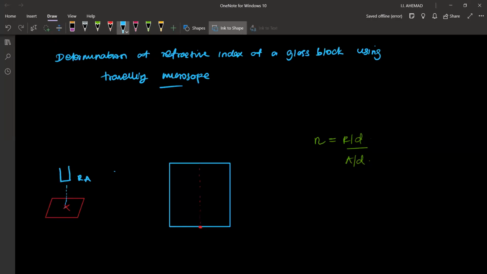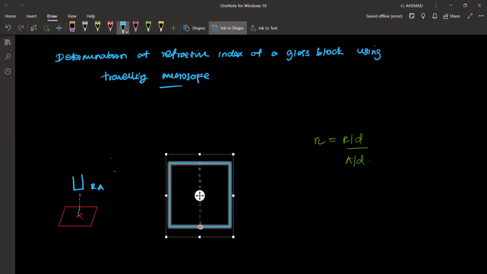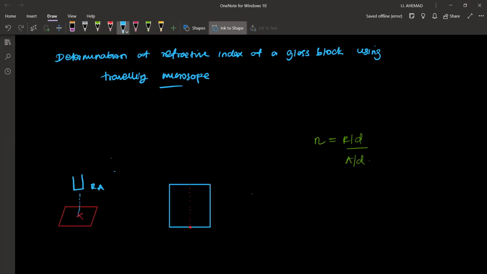That is RA. Next you place the glass block on top of the paper and take RB.